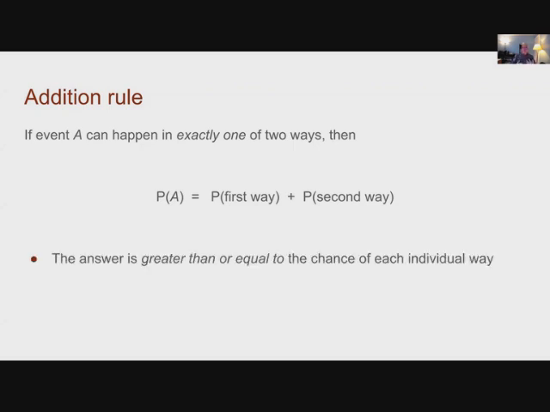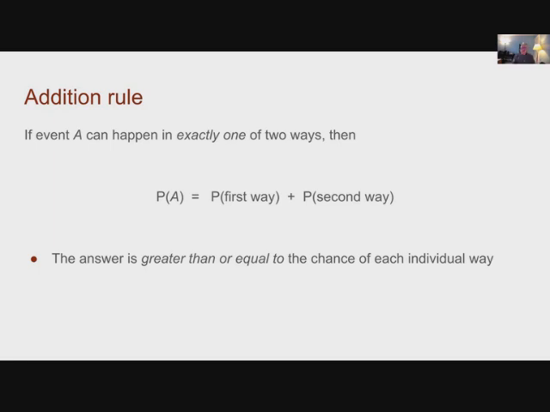And conversely, because now we're adding together, the probability that you're going to get is going to be greater than or equal to the chance of each individual way. And this makes sense, right? Because of this "or," you're giving yourself more opportunities to satisfy the event. And so the way I remember it is that when you think "and," it's multiplying.